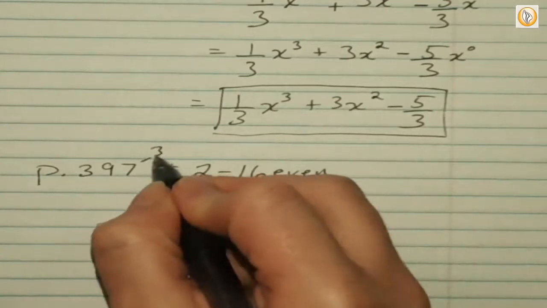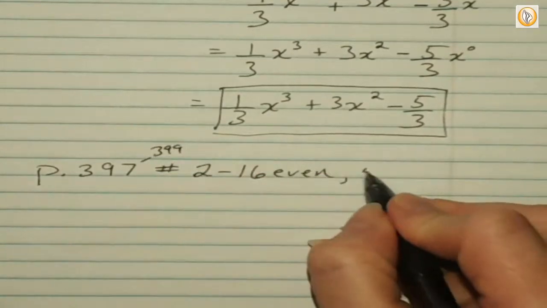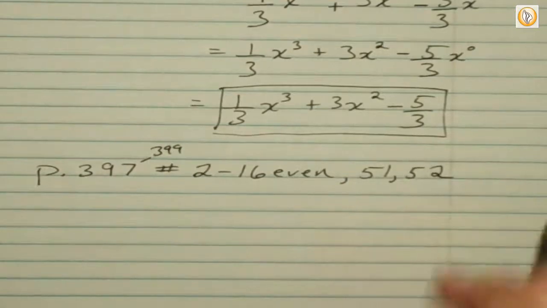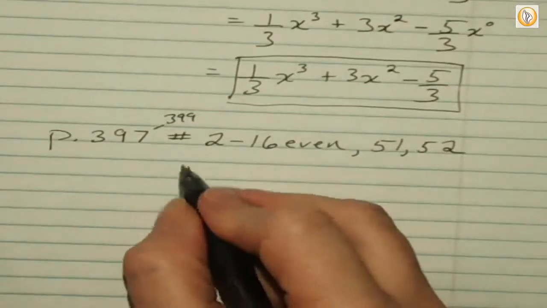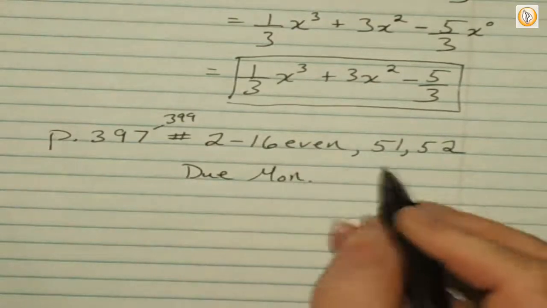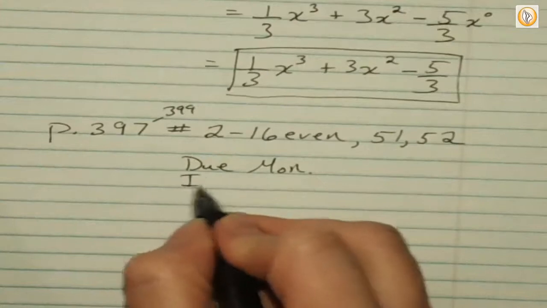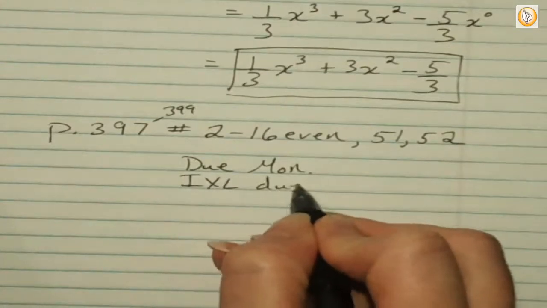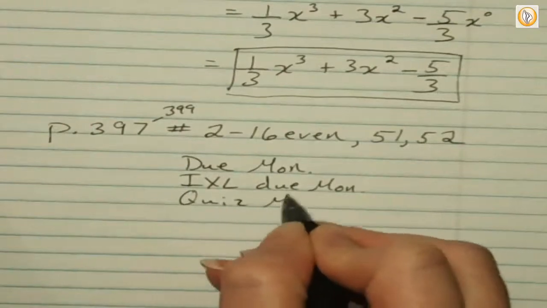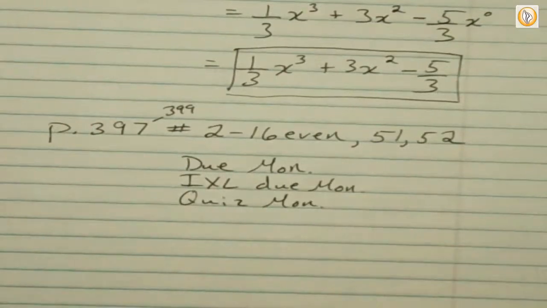So to 399, let's do also 51 and 52 to kind of refresh our memory. Due Monday. Your IXL is due Monday. And you have a quiz on Monday.